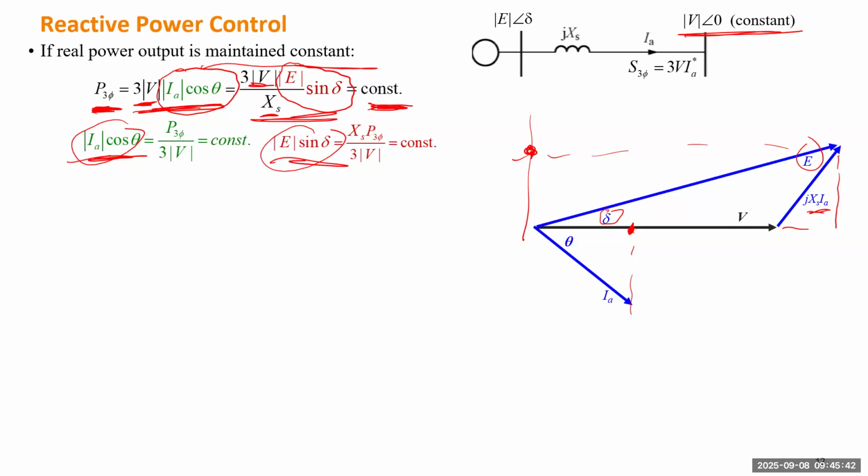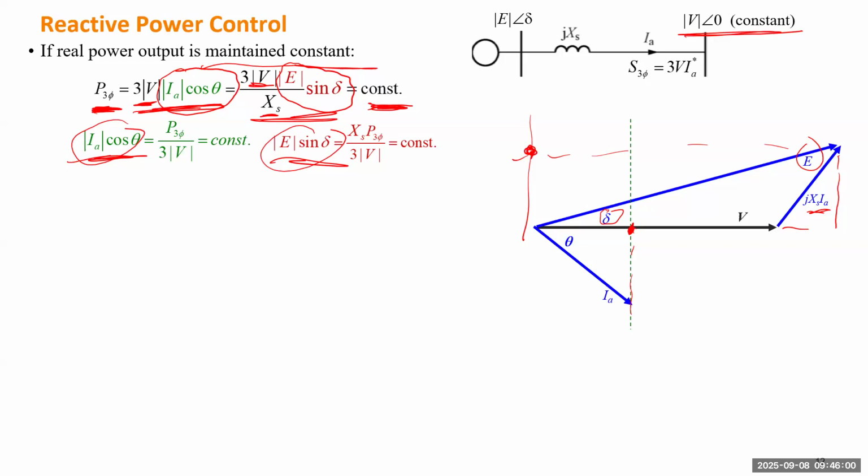So finally, the head of the current phasor will be moved along some vertical line, such that the projection will be the same. And the head of E will be moving along a horizontal line, such that the projection is also the same. So we can draw two lines.